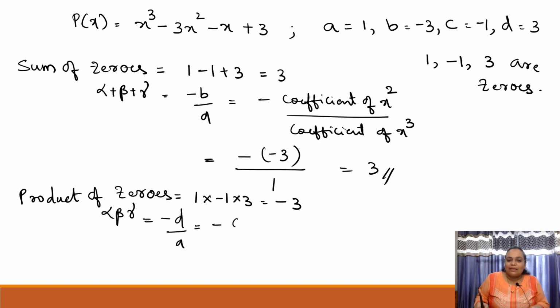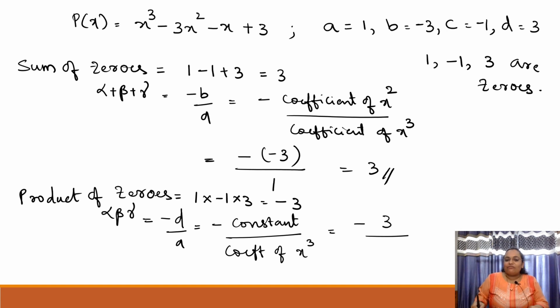Minus d is minus constant by coefficient of x cube, because this is a cubic polynomial, right? What is the constant here? 3 by the coefficient of x cube. The coefficient of x cube is 1, which gives minus 3. So this is also verified.